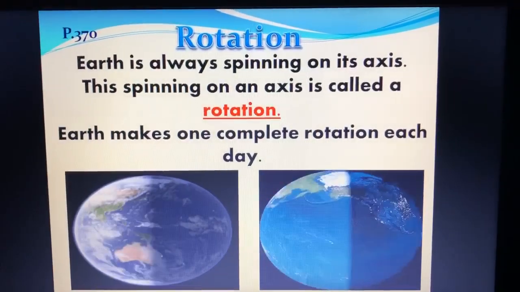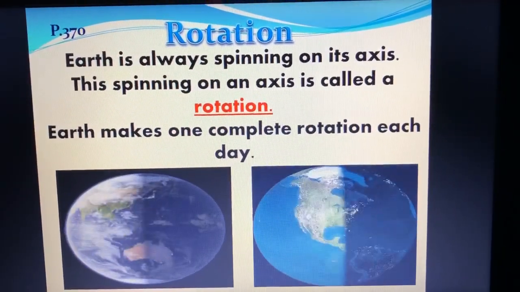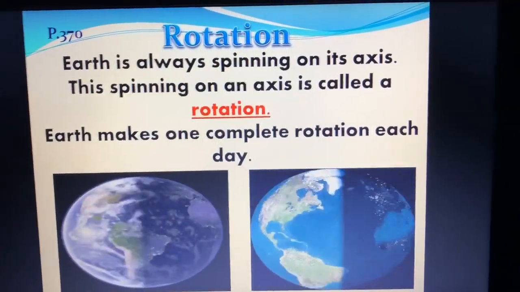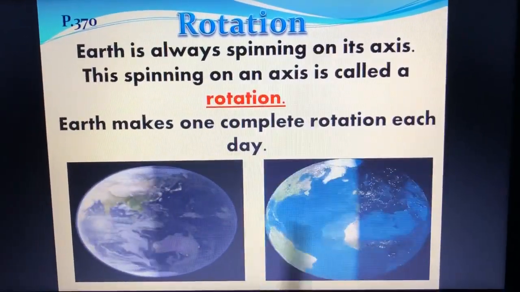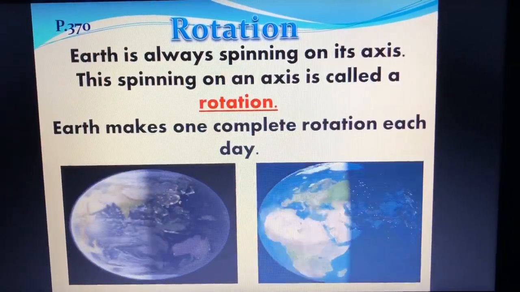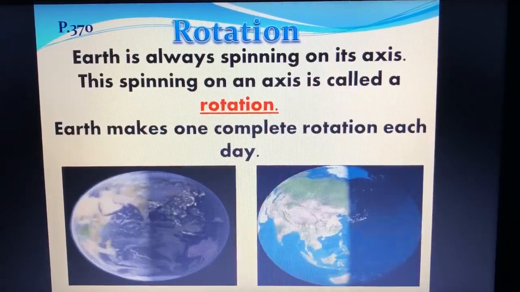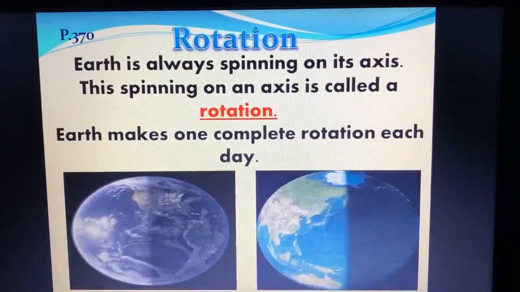Well, grade 2, let's see what is the meaning of rotation. So earth is always spinning on its axis. The meaning of spinning is going round, like a ball, for example. So this spinning on an axis is called a rotation.